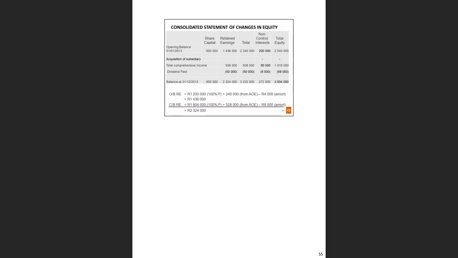You can just have a look at your journal entries in the slides and you should see that amount there. So for this slide now, we've calculated the opening retained earnings and the closing retained earnings. So here are the calculations for when you do it yourselves. Do you have any questions on this slide?